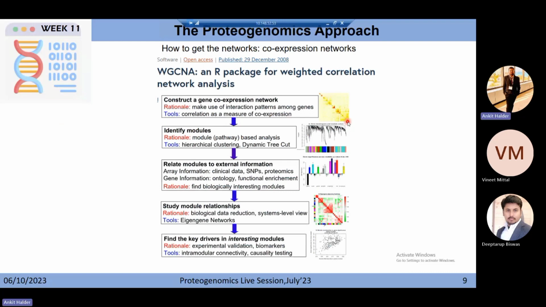Correlation: first of all, we had discussed correlation, if you remember. Correlation tells us how much a particular variable is related to any other variable.